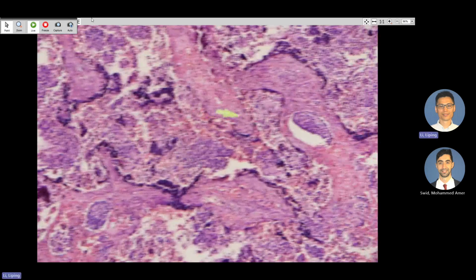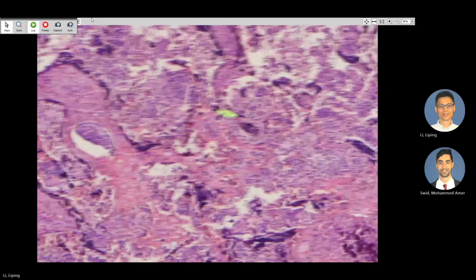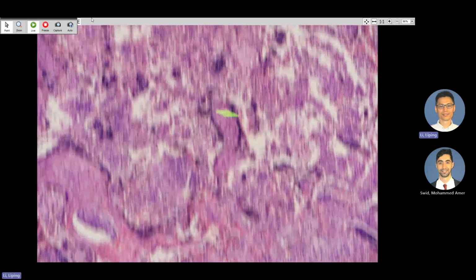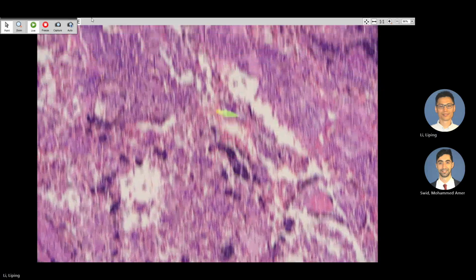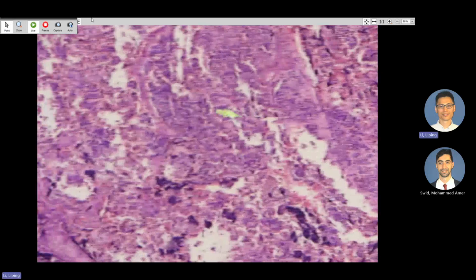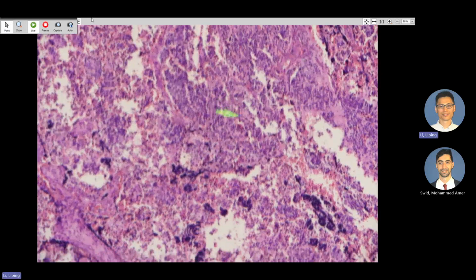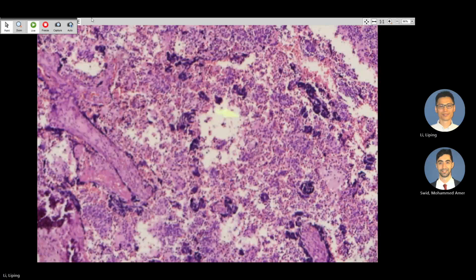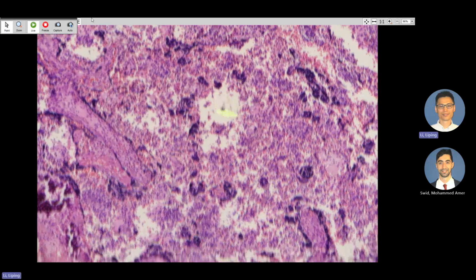And these are bluish cells. We didn't see clear ganglion cells when I scanned the slide.